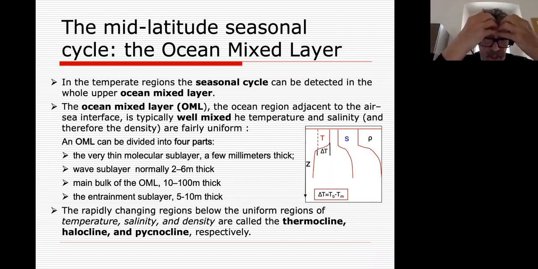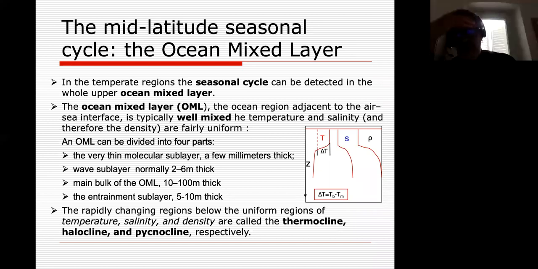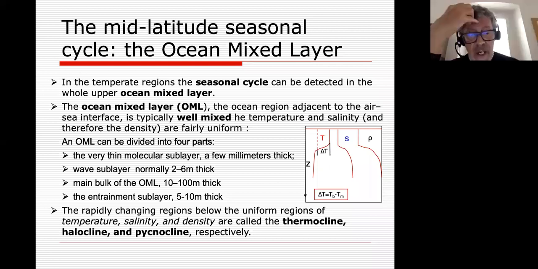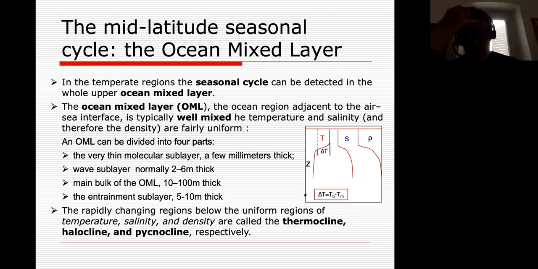Then we have the bulk of the ocean mixed layer, which depends on the conditions. It could be a minimum of 10 to 100 meters, even more in winter conditions in some places. And at the bottom of this bulk of the ocean mixed layer, we have the entrainment sublayer.